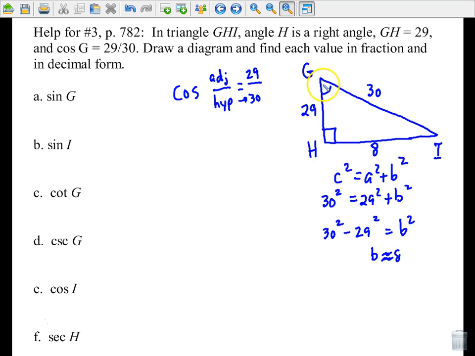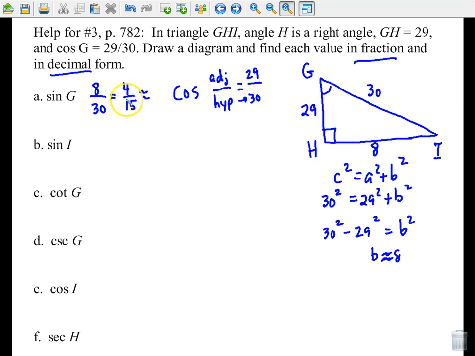So here we are looking out from angle G, and I'm supposed to find sine G, and that is opposite over hypotenuse, 8 over 30, and I always like to reduce, so we can do 4/15, and then once again you're doing the fraction and the decimal form, so I won't take the time.